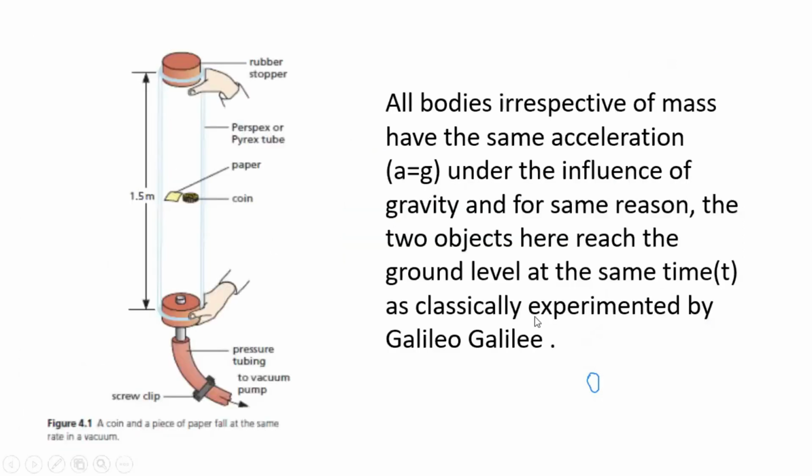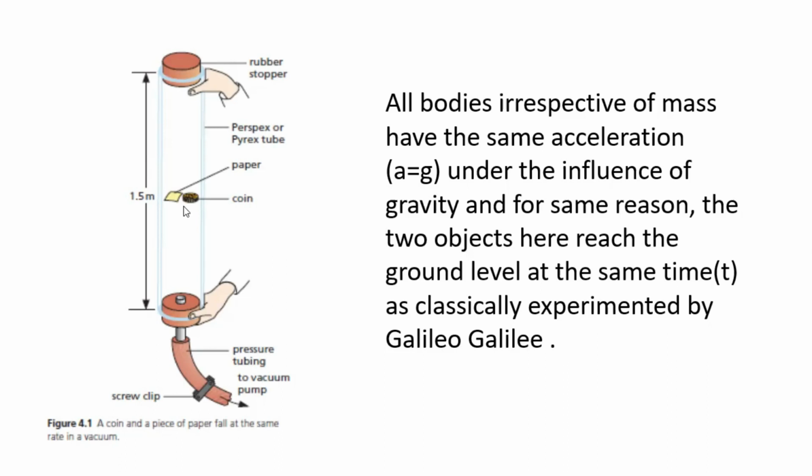This is another example here. What you have here is a paper and a coin. If you subject them to the same condition, where the air resistance is negligible, then the paper and the coin will land on the ground at the same time.